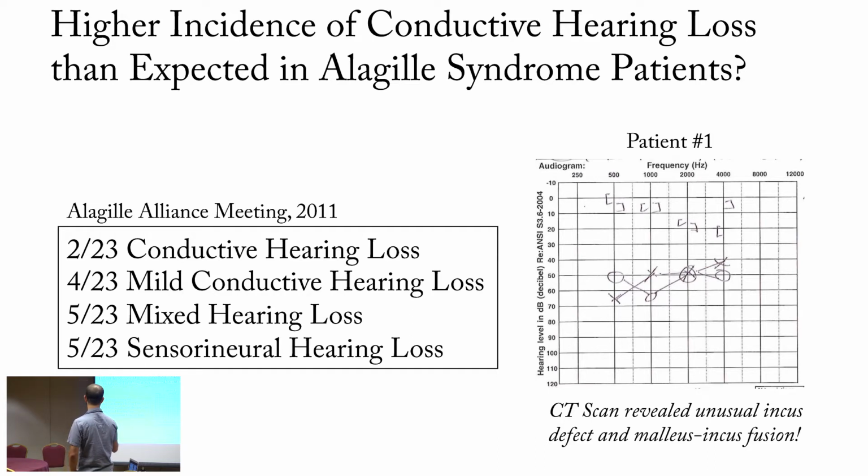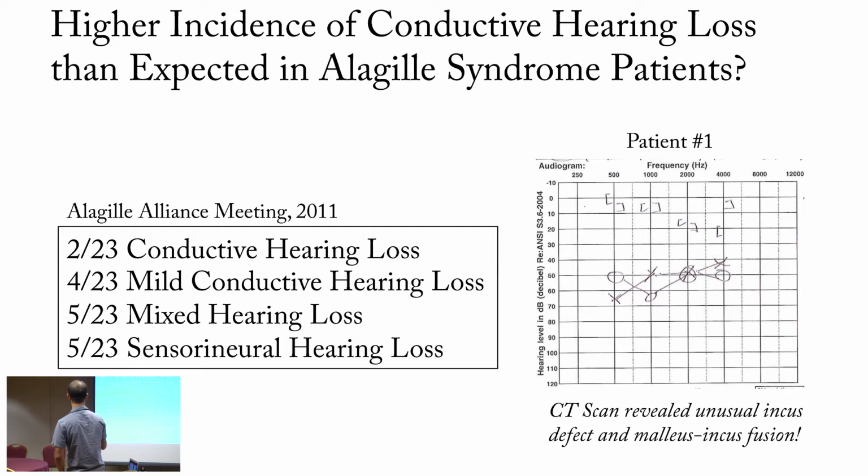Of the patients we tested, I think 16 out of 23 had at least some form of hearing loss. So 2 patients had a pretty severe conductive hearing loss. 4 had a quite mild conductive hearing loss, but something that was picked up by the audiologist.